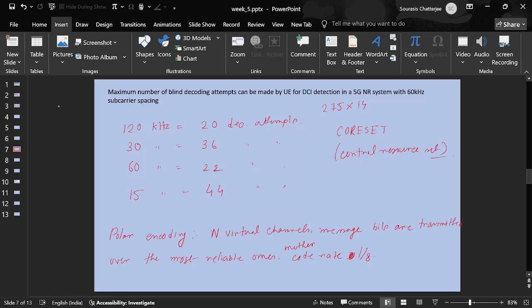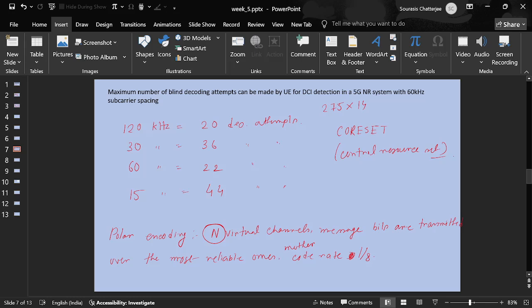So about these n virtual channels you mentioned, fine. Is there any restriction on this number n here? It's a power of 2. That is one restriction, fine. And anything else? Like some upper and lower bounds in the context of the polar encoder?